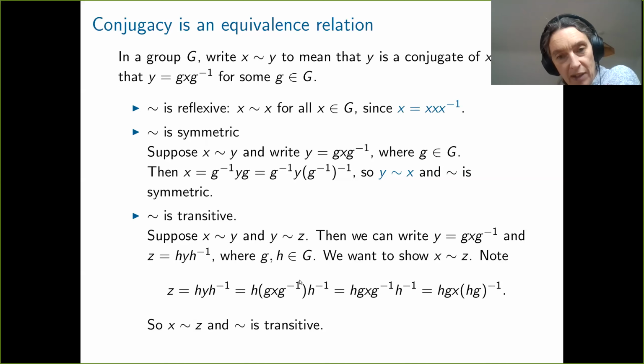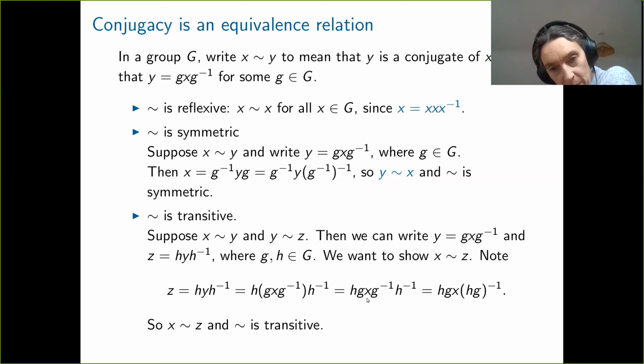I've put the brackets here to indicate that this bit is just y. We're in a group, we're in an associative situation, so we can pretty much ignore the brackets. That's what the associativity tells us. So this tells us that z is equal to hg x g inverse h inverse. What we'd like to do is show that z is x composed on the left with something and on the right with the inverse of that same thing.